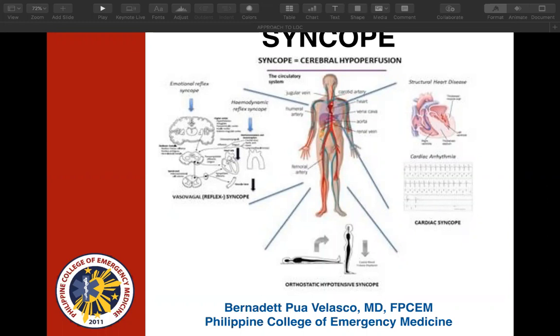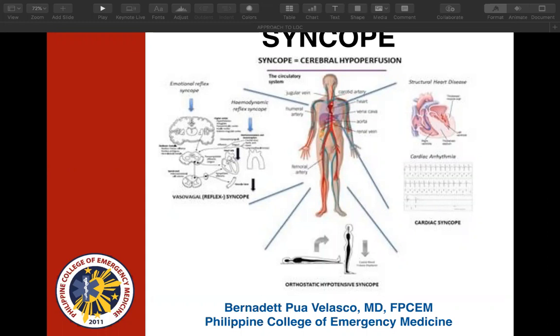By definition, we define syncope as transient. Therefore, the cause of central nervous system dysfunction should likewise be transient. Persistent cause of significant CNS dysfunction may result in coma or depressed consciousness. Hypoperfusion resulting in approximately 35% or more reduction in the cerebral blood flow usually produces unconsciousness.